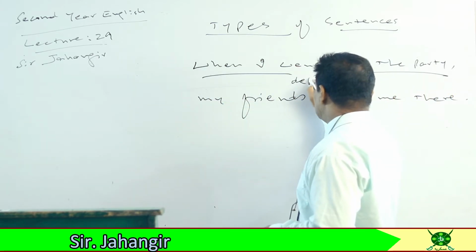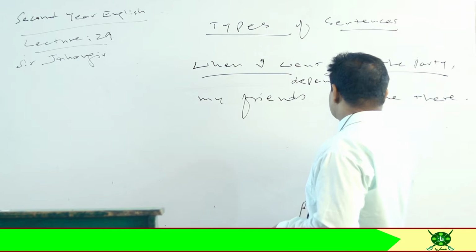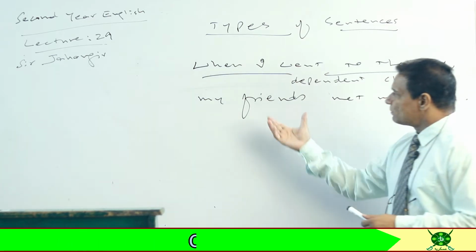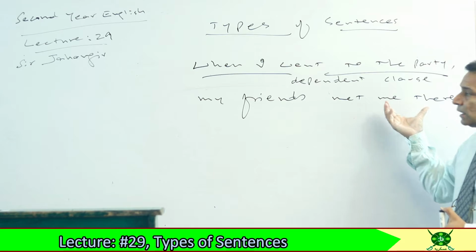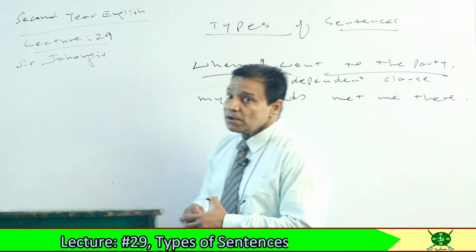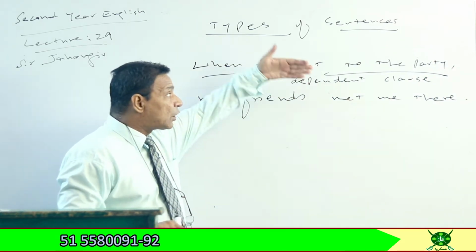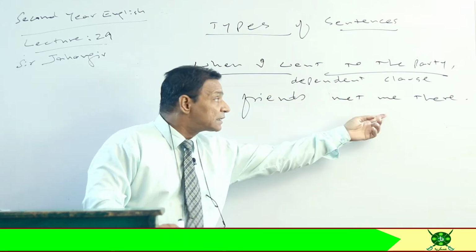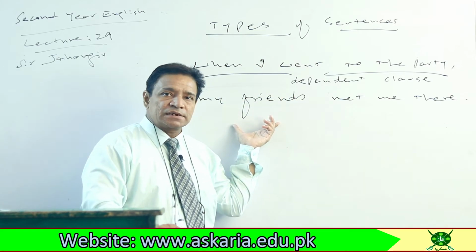And this, my friends met me there, gives us complete meaning even without the first portion. It's a complete sentence.